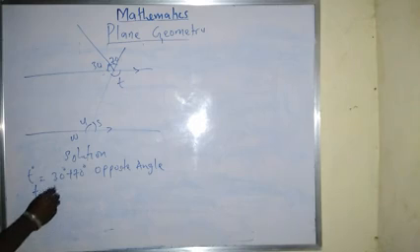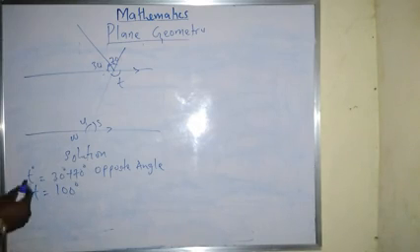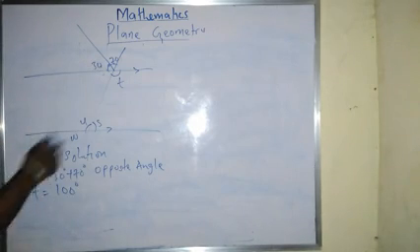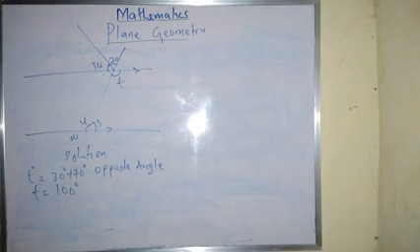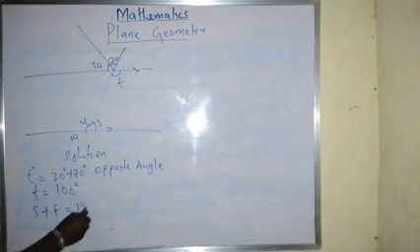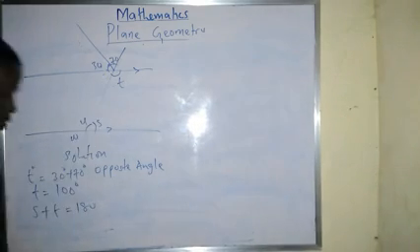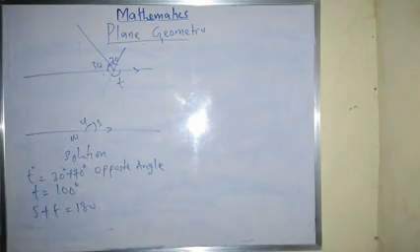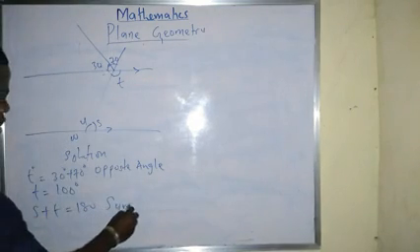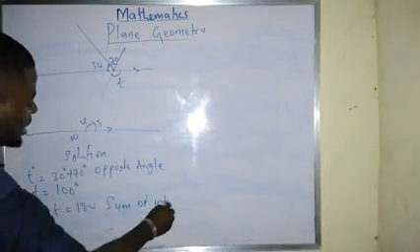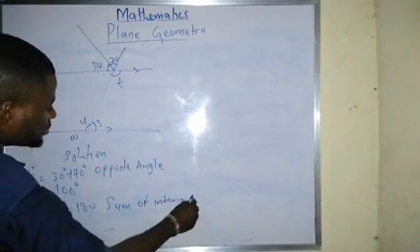It means my T is equal to 100 degrees. I move on to the next one. With my T, I can get anything I want here. I can say that S plus T equals 180, the sum of interior angles.